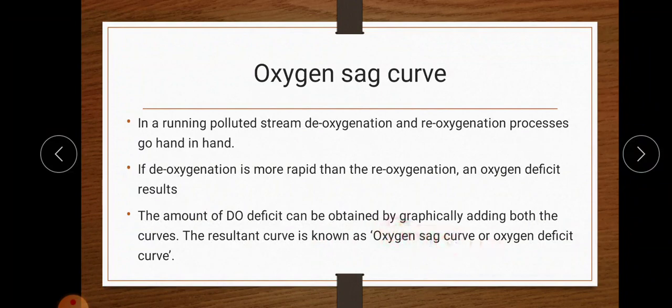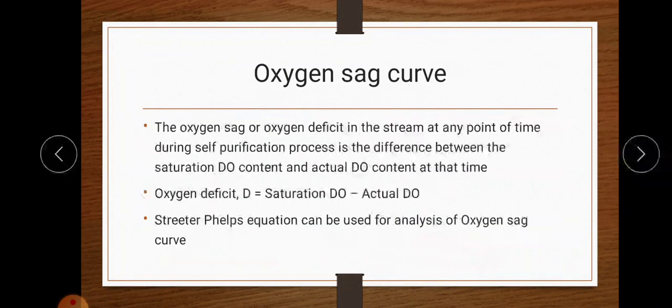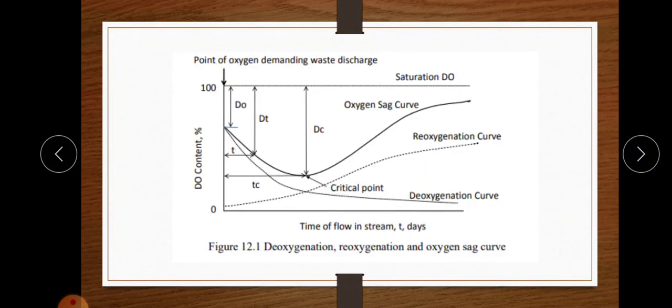The summation of the deoxygenation curve and the reoxygenation curve results in the oxygen sag curve or oxygen deficit curve. So this curve is the oxygen sag curve, the sum of the deoxygenation curve and the reoxygenation curve.